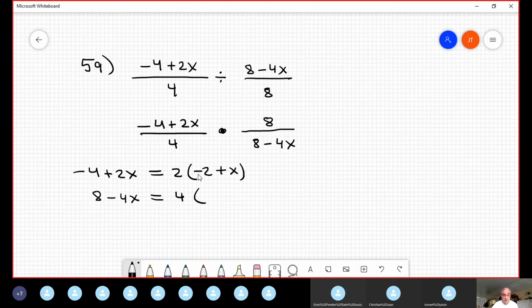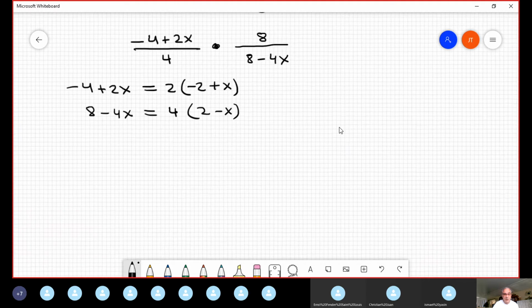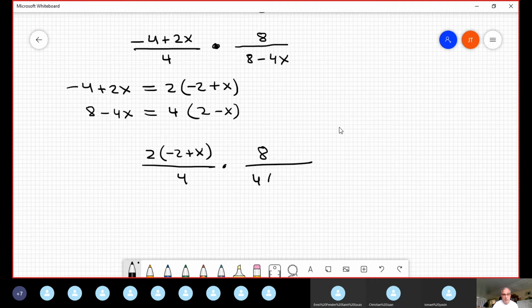Dividing by 4 gives 2 minus x. Now I copy: 2 times minus 2 plus x over 4, multiplication, and here we have 4 times 2 minus x.